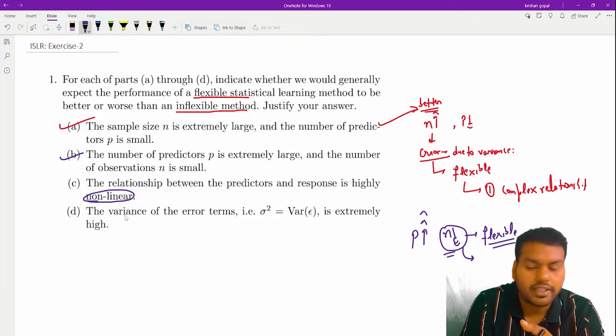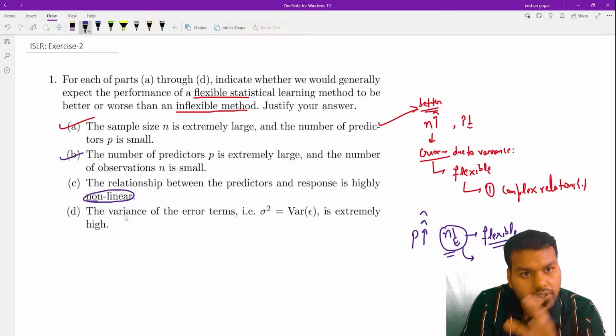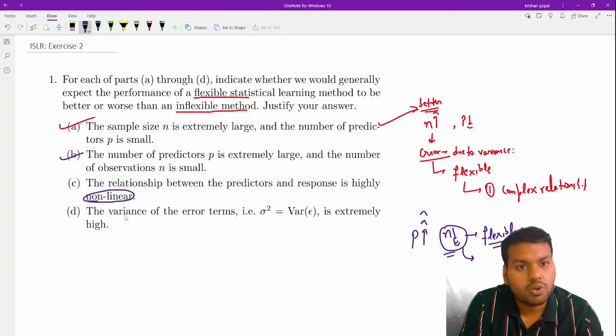If I use linear regression here, it has a basic assumption that the data is linearly separable, but I know the relationship is non-linear, so why would I go for the inflexible method? I will go here for the flexible method.